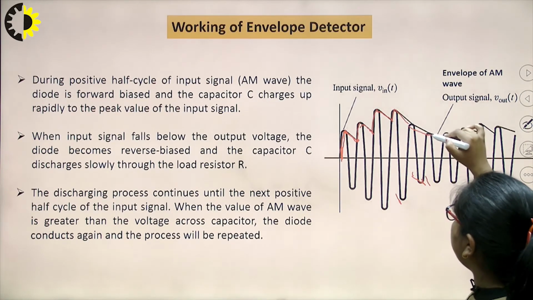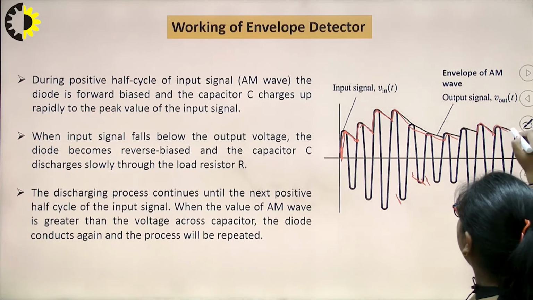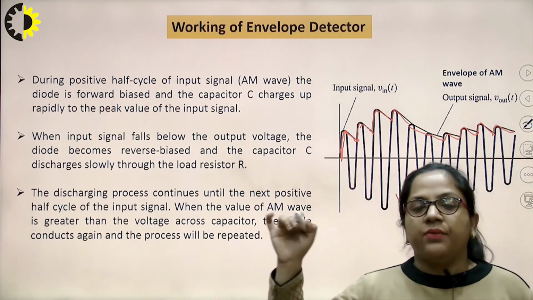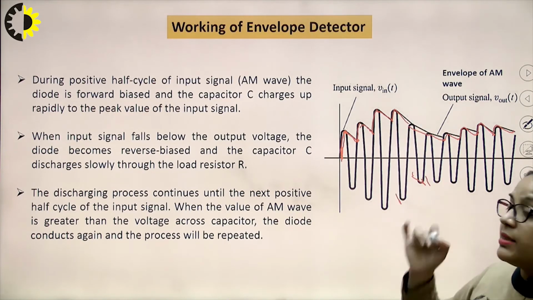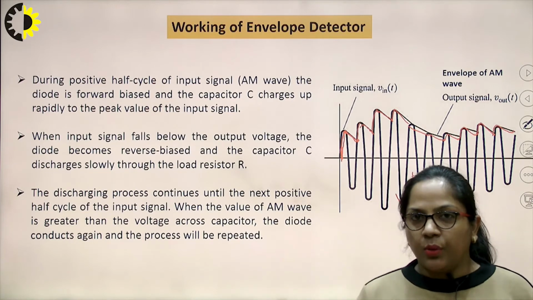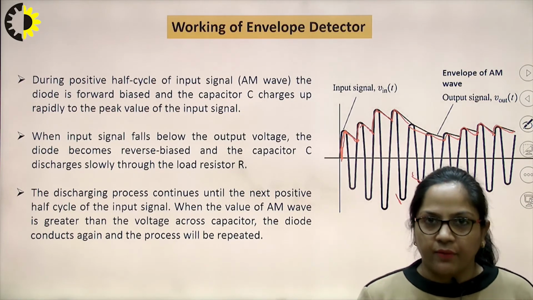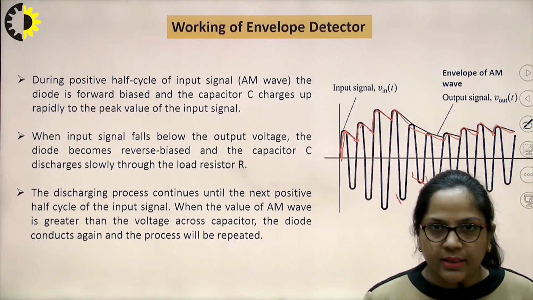So, here we have the charging and discharging of the capacitor. This charging and discharging of the capacitor is giving us the shape of the envelope of amplitude modulated waveform, that is the envelope of the AM waveform, that is similar to the shape of message signal.